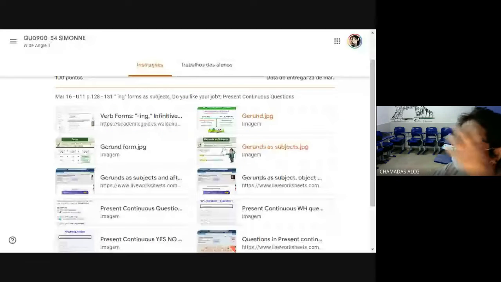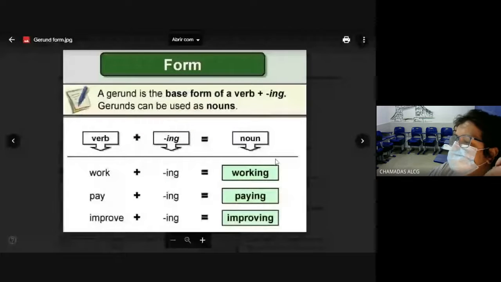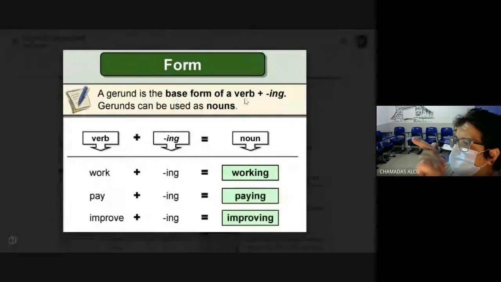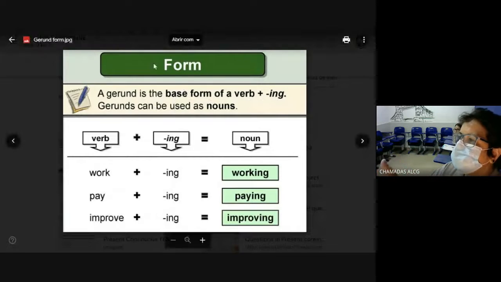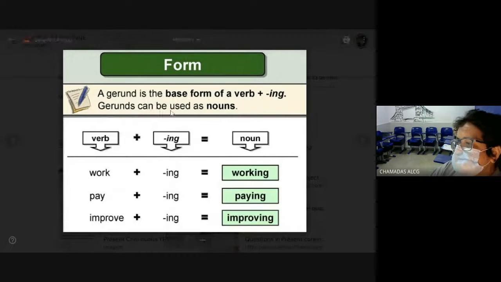Just to reinforce what we saw. Okay? Look, a gerund is the base form of a verb plus ing. This is what we call a gerund in terms of form, okay? Gerunds can be used as nouns, okay?